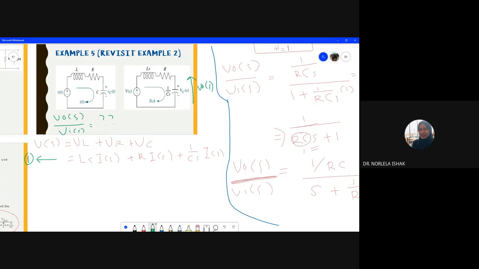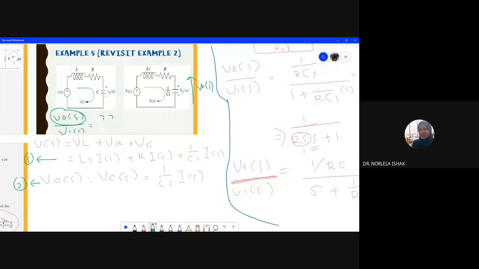So you have to show the equation relationship between V naught and Vc. So meaning you have to write one more equation: V naught equal to 1 over Cs multiplied with Is. Is it correct like this? This is question number 2. Is it correct, guys? Yes.